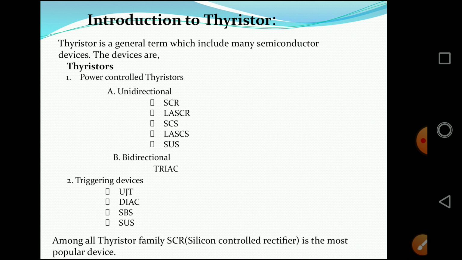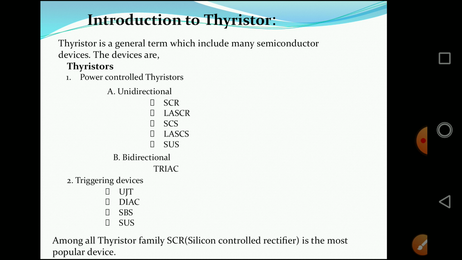Just connecting a forward bias supply does not turn on the SCR. It needs an external triggering circuit, and in that triggering circuit we use triggering devices to turn on the power semiconductor devices. Some of the triggering devices are UJT, DIAC, SBS and SUS.